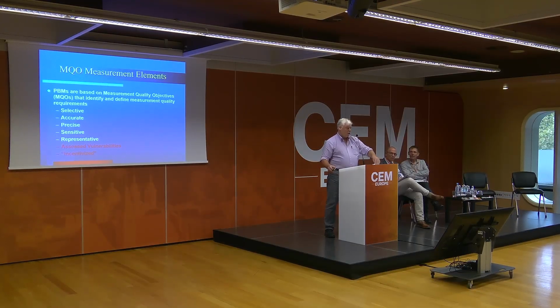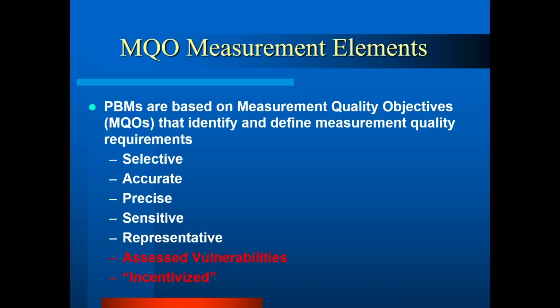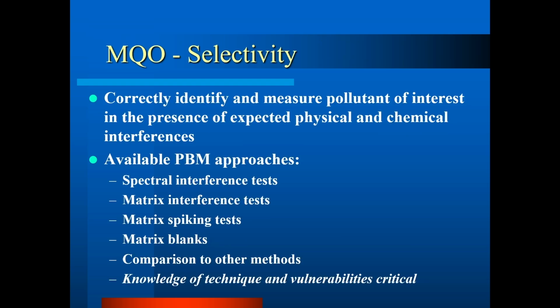There are what are called measurement quality objectives, which are basically the performance criteria or the metrics for the approach. I'll talk briefly about these, as I know I don't have a whole lot of time. First, selectivity. Where is the method going to be applied? What is the measurement environment like?